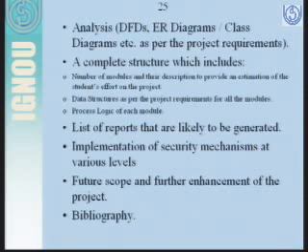You may not keep the exact format of the report, but you have to keep the list of reports that it is likely to generate. Then implementation of security mechanisms at various levels, future scope and further enhancements. And then you have to place the bibliography, like the reference books that you are about to use. These are the basic things that you have to submit along with your project proposal.